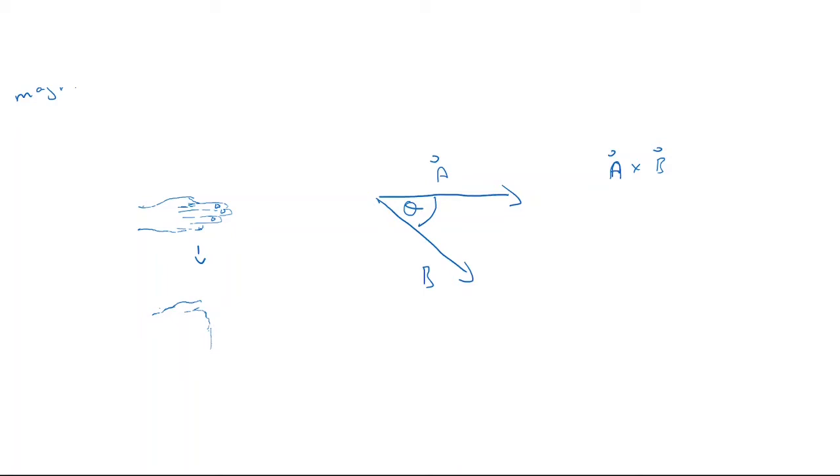I'm trying my level best to explain this without showing any pictures, so please bear with me. So the second step is you curl your fingers towards the second vector. There's the second vector, so I'm going to have my fingers like that, and this is the second part.